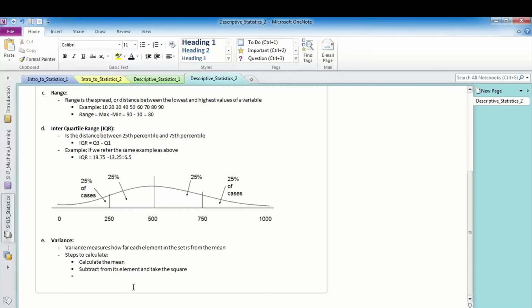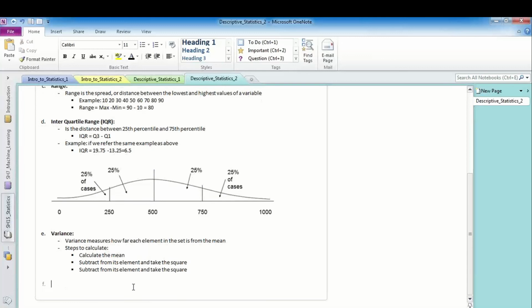Then it all depends upon the number of elements, because some variables will have just 5 points and others might have hundreds. So I need to take into account the total number of elements in a set, and I'm going to take a simple average of these differences. By combining these 3 steps together, you can visualize what the variance will look like.